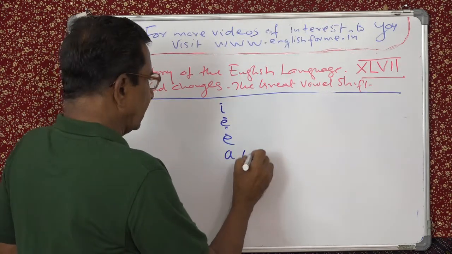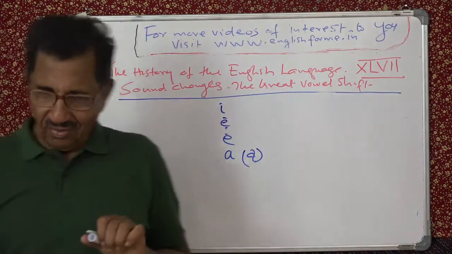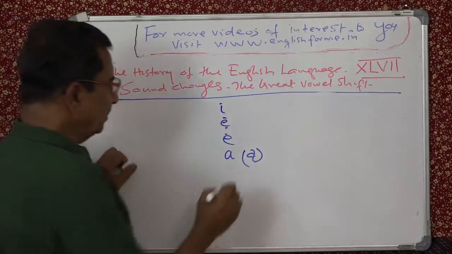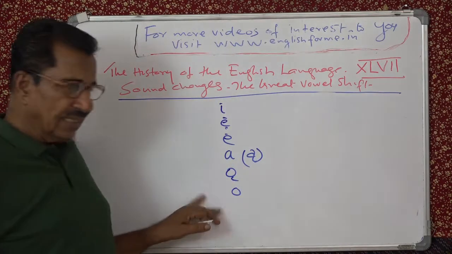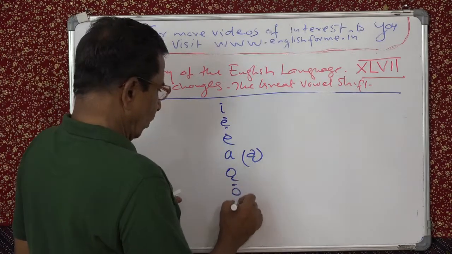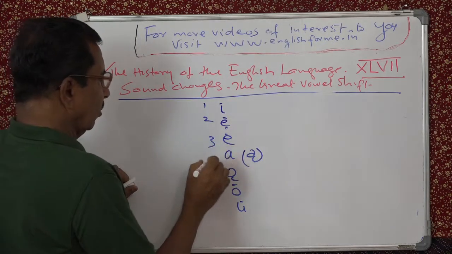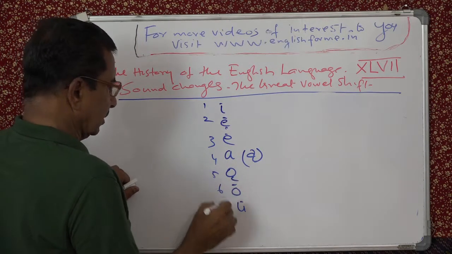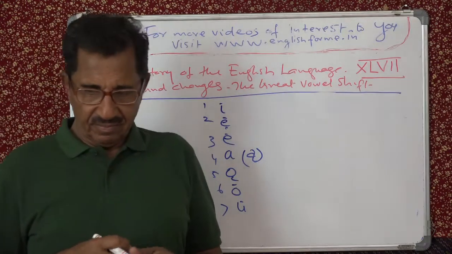Some books you will find written this way. O, no? This is the slight change now. See 1, 2, 3, 4, 5, 6, 7. 7 long vowels in Middle English.